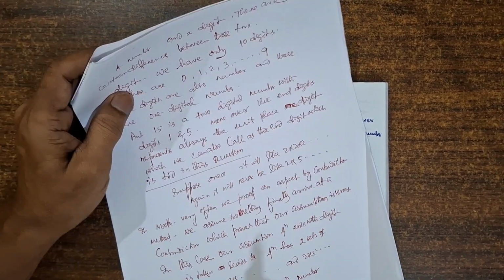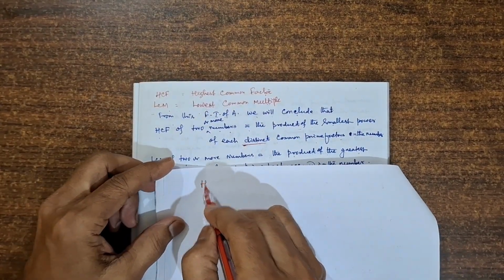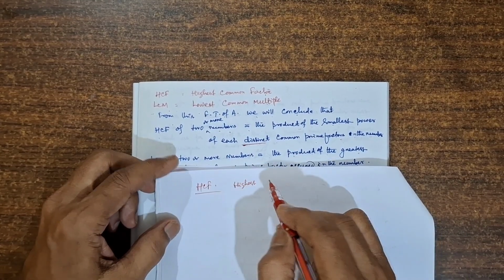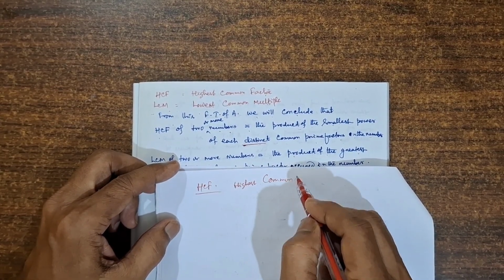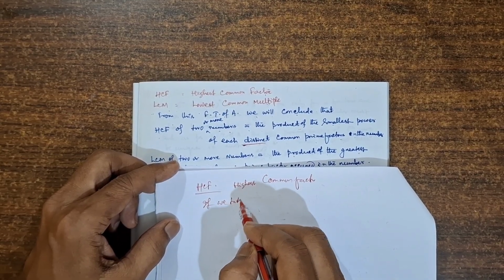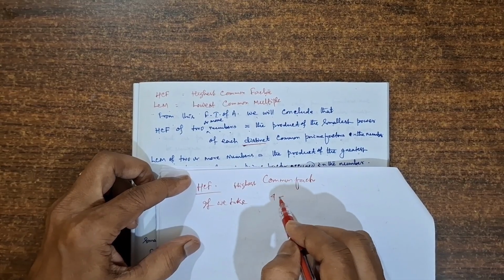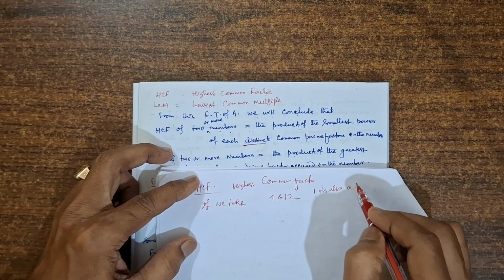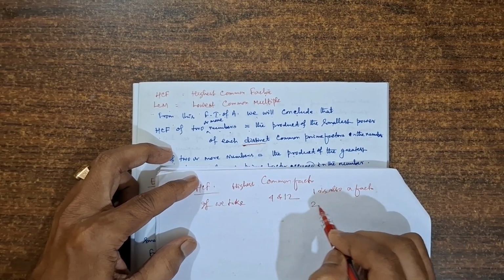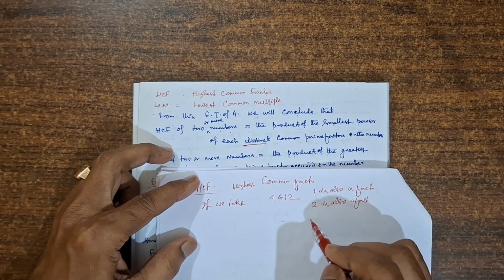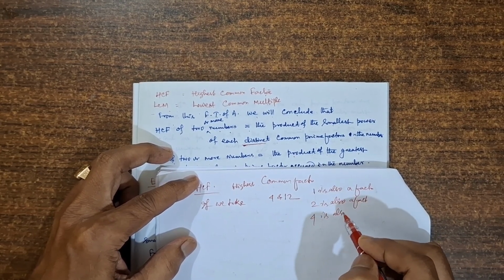Here the important thing is that the HCF, highest common factor. If we take 4 and 12, 1 is also a factor, 2 is also a factor, 4 is also a factor.